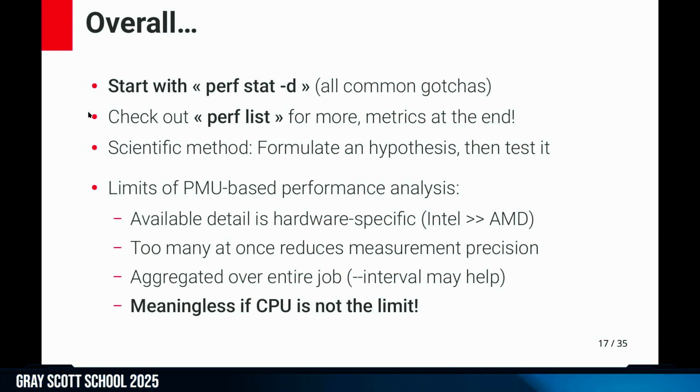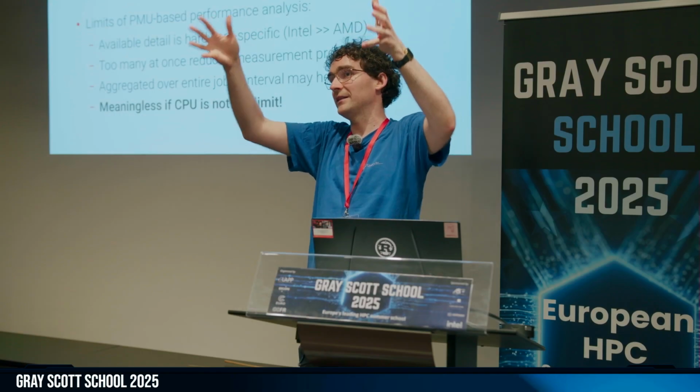By default, perf stat shows you metrics integrated over the entire job, which can be a problem if your program switches between different execution phases that each have a different bottleneck. If you have this, one trade-off solution is to use the interval option to ask perf stat to output smaller granularity results, like what happened in the last second, for example.